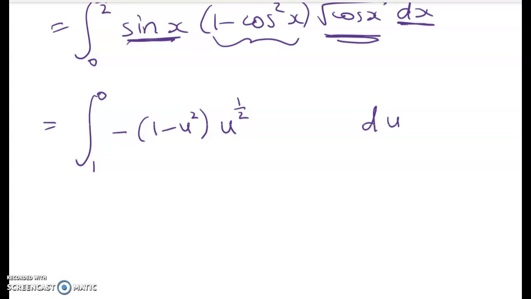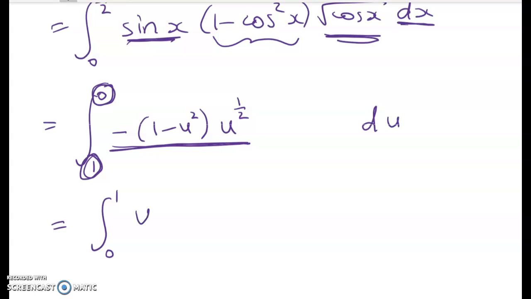Now, when we've got limits from b to a, if we flip the limits over, we reverse the sign of what's inside. And that's done really well in Delta in one of the integration chapters. I'm going to rewrite this as the integral from 1 to 0 of just this expanded: u to the power of a half minus u to the power of 5 over 2.